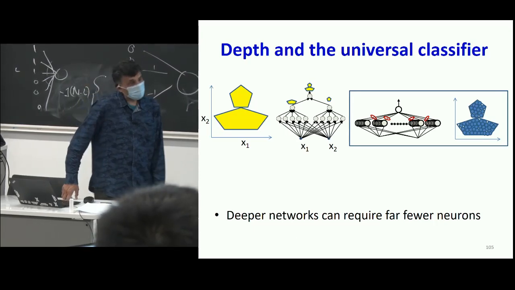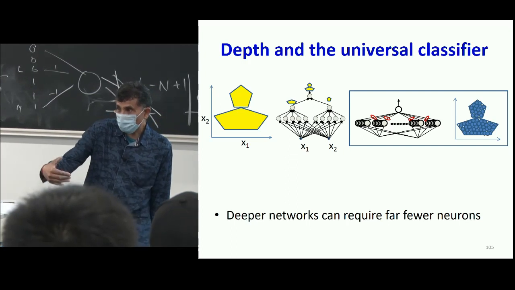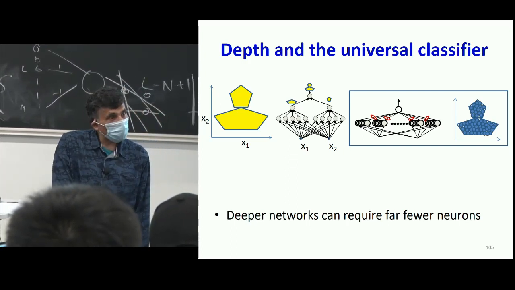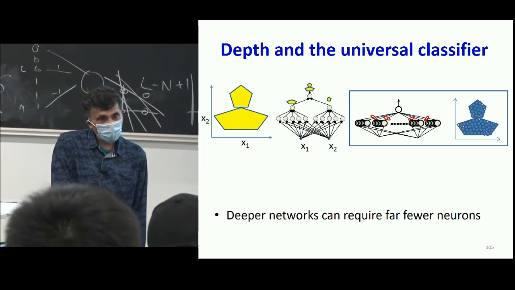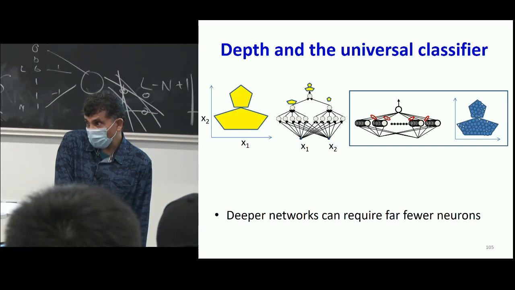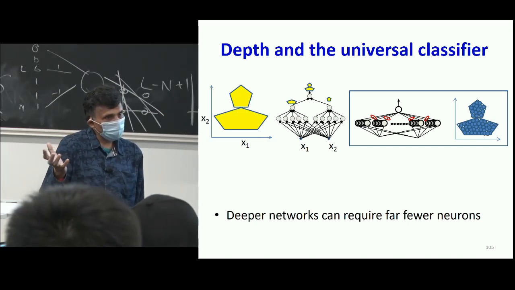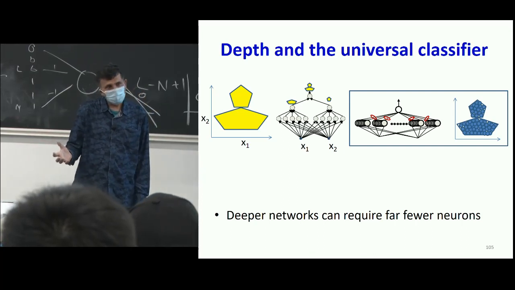But then here is the problem. This double pentagon, if I allowed myself just 3 layers as opposed to 2, the number of neurons required was only 13. In fact, I can do it with fewer than 13. Whereas if I restricted myself to 2, how many did I need? Say it out aloud, everybody. How many do I need with just 2 layers? Infinite.